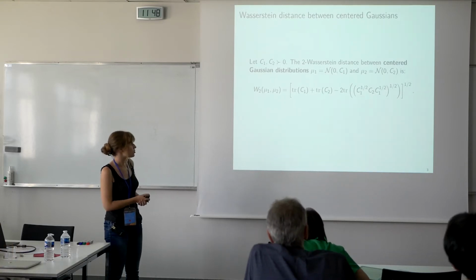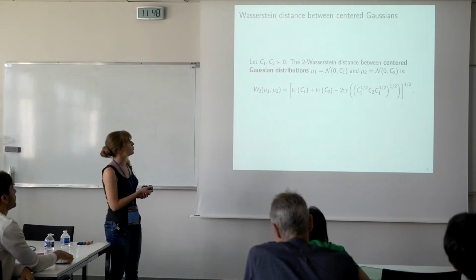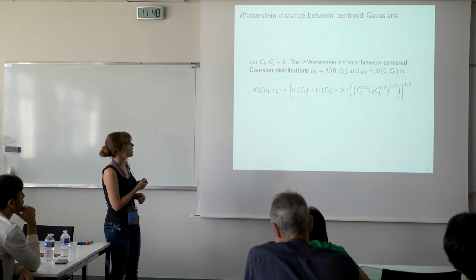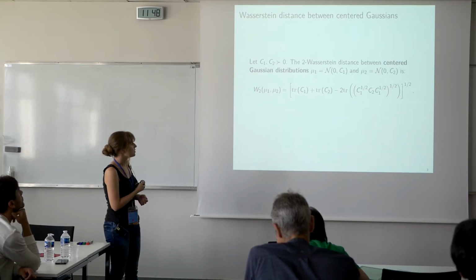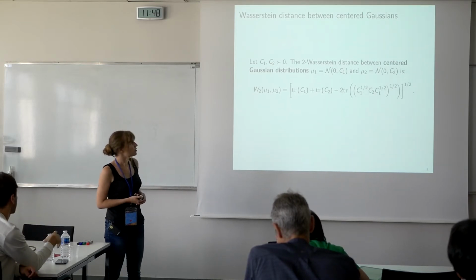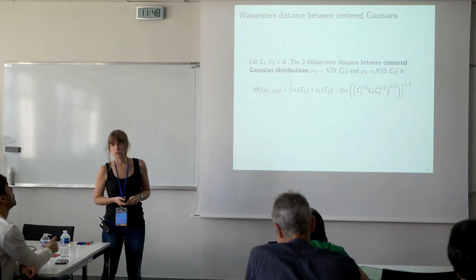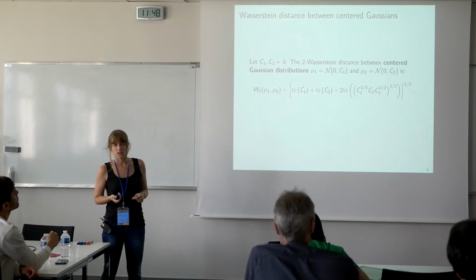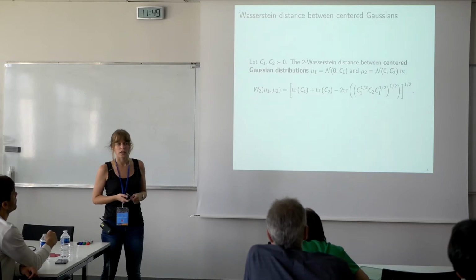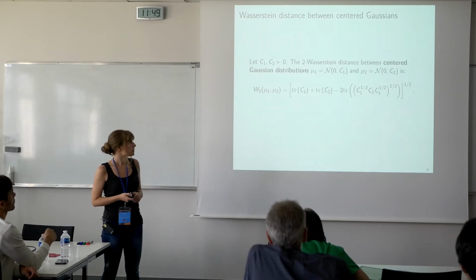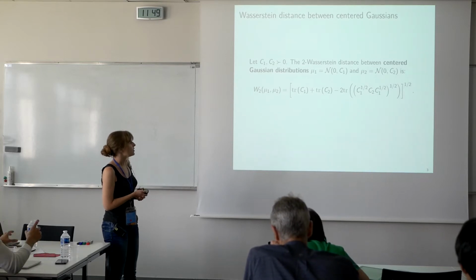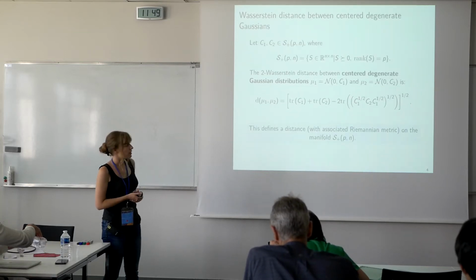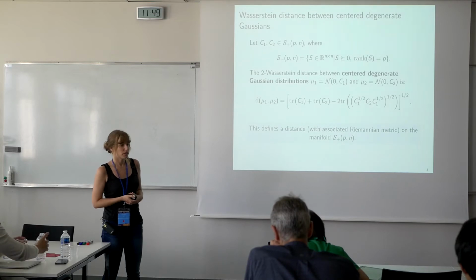Using the matching between the covariance matrices and the distribution, this distance can be seen as a distance on the manifold of positive definite matrices. This is then called the Bures-Wasserstein metric on this manifold, and it has been mentioned several times yesterday afternoon.